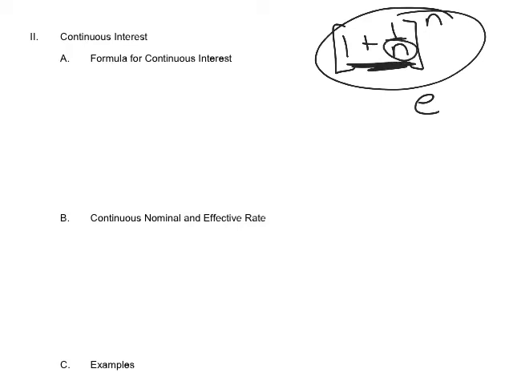N is the number of times compounded. So if I want continuous interest, I'm going to have an e in my formula. So my balance this time is the principal times the number e raised to the RT, because I don't have a number of times compounded anymore. It's infinite.